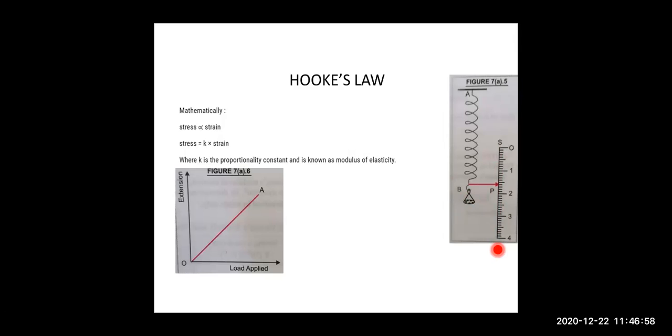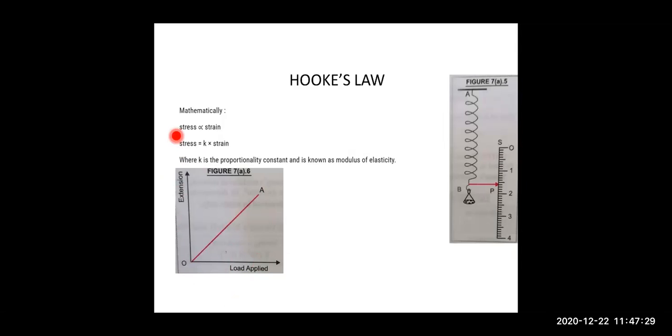And then when we plot the graph of extension versus the load we had applied, you will see that it is a straight line graph, showing that as we go on putting the weight in the pan, the extension in the wire goes on increasing.